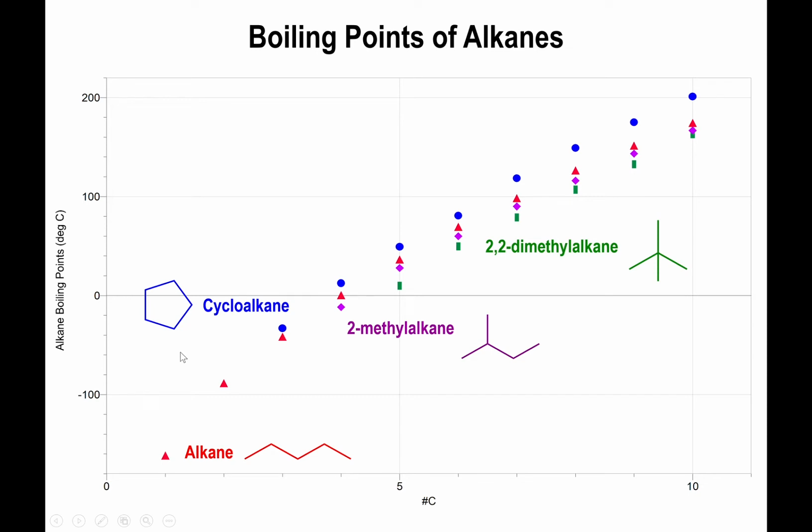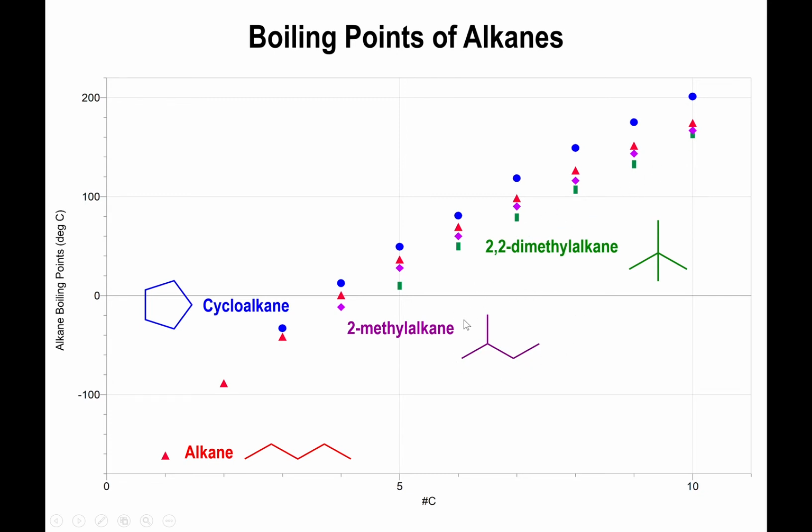Now, when you look at this graph, what you end up observing is that the linear alkanes tend to have higher boiling points than the branched alkanes. In fact, the most branched alkane here, the 2,2-dimethyl alkane, is the one that consistently has the lowest boiling point.